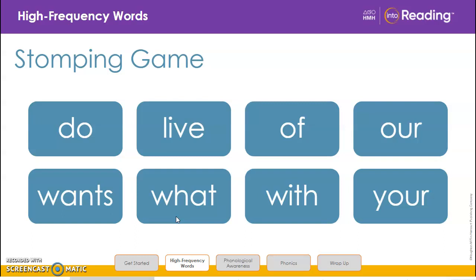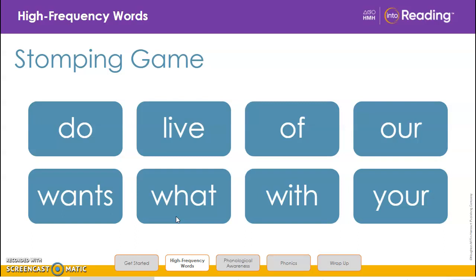Next word is wants. Say the word wants. Let's spell it and stomp for each letter. Ready? W-A-N-T-S. Next word is what. Say the word what. Let's spell it and stomp for each letter. Ready? W-H-A-T.